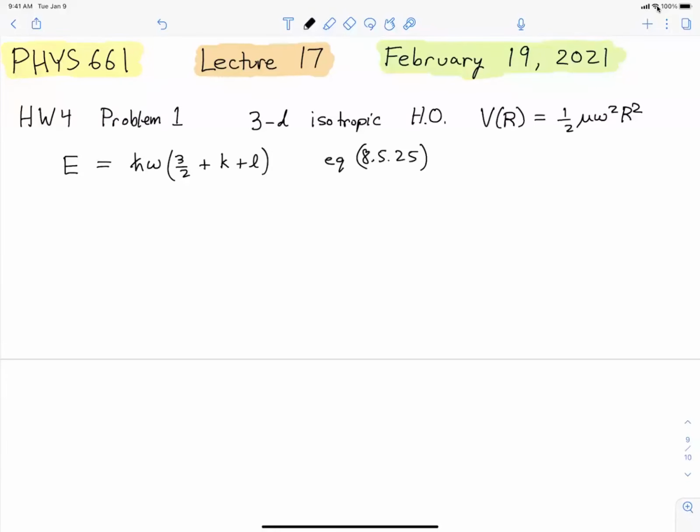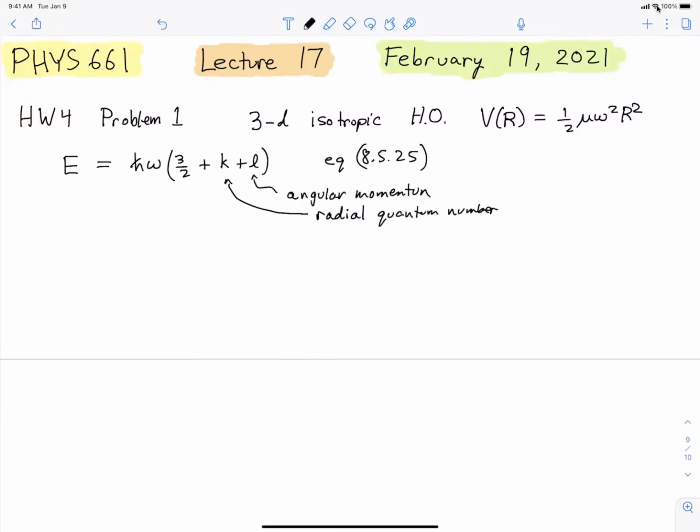And the interpretation of these is L is the angular momentum quantum number. And then k is something that has to do with the radial wave function. So this is a radial quantum number.